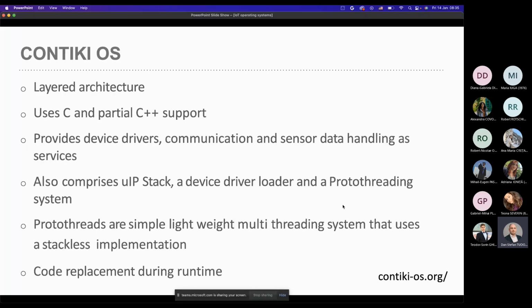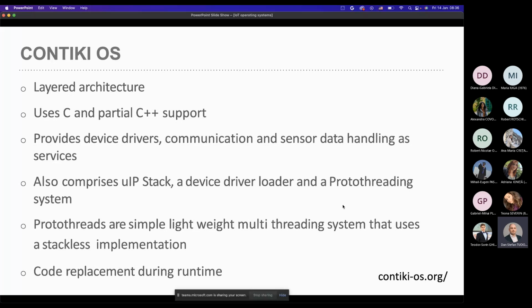Now, Contiki, on the other hand, has found its way to some commercial applications, and you can still develop in Contiki, and it's rather popular in some IoT applications. It also uses C as a main programming language. It does have some partial C++ support. The architecture usually is very layered for Contiki.